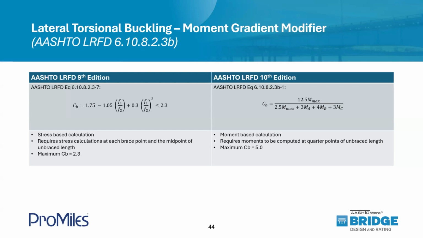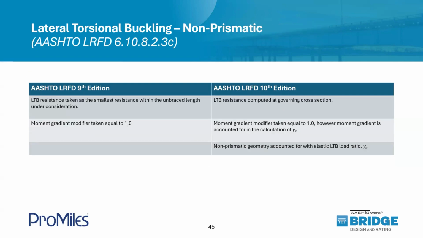So you might see that, especially near contraflexure regions, you can see larger CBs than what you are used to. And then the spec update also introduces methods for calculating the non-prismatic LTB resistance. This is accounted for with the new gamma E factor.